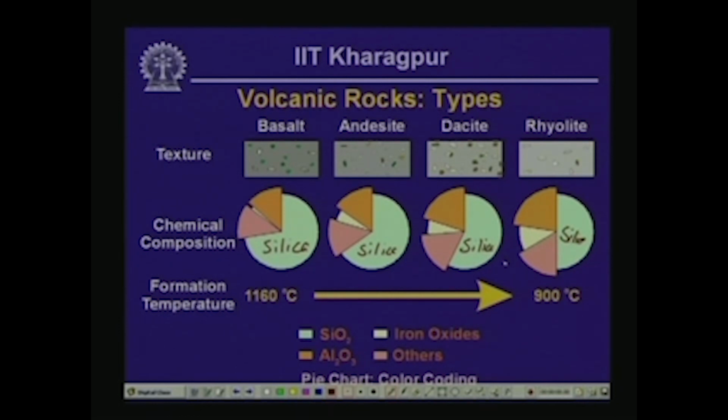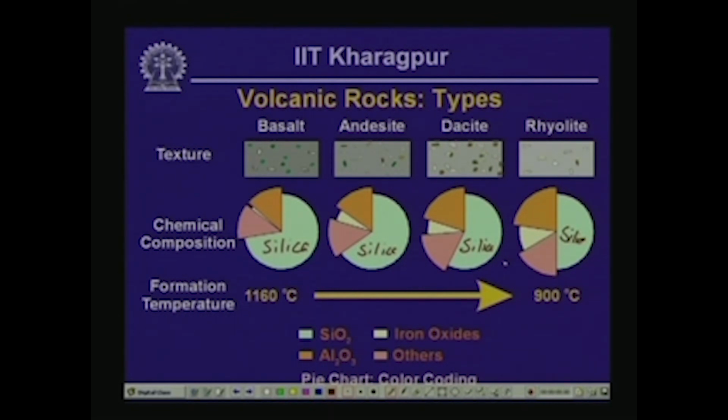The chemical composition is a reflection of the parent magma: if the parent magma had a smaller percentage of silica, you get basalt, and if the magma has a much larger proportion of silica, you end up with rhyolite.